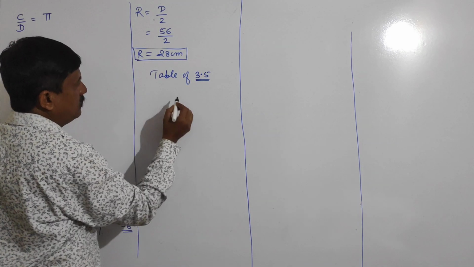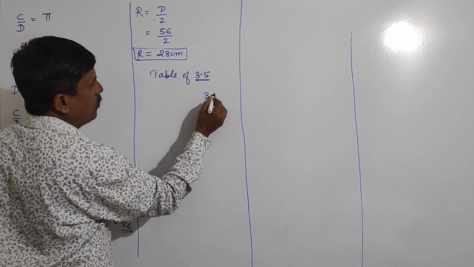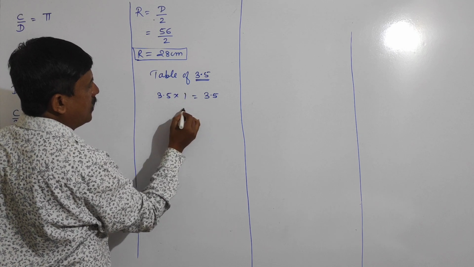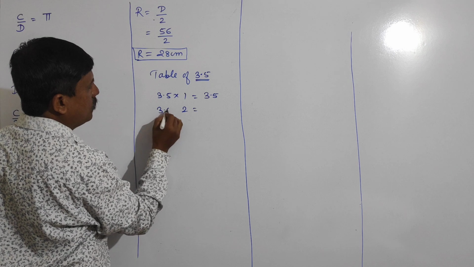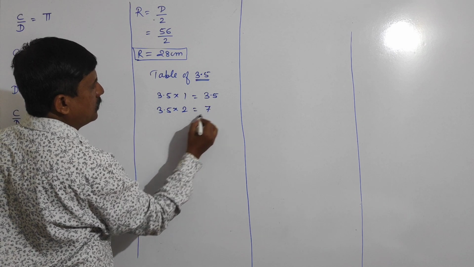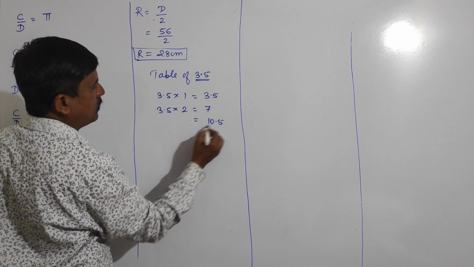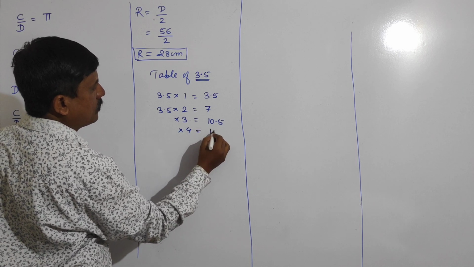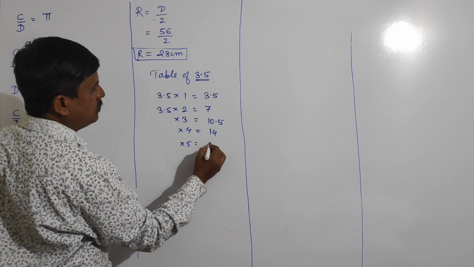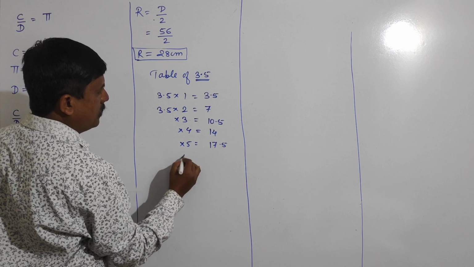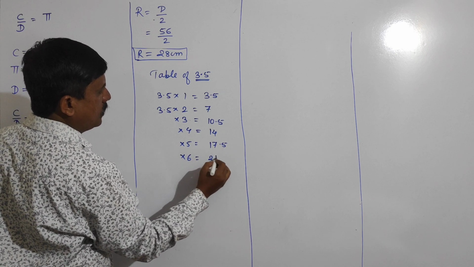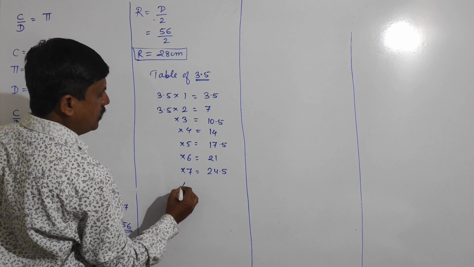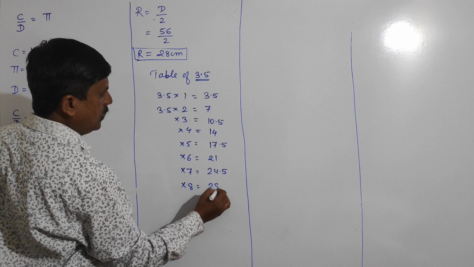Example, if I use the table, what is the answer? 3.5 into 1 is 3.5. 3.5 into 2 is 7. Here it will be 10.5. Here 3, 4, right? It will be 14. Multiplied by 5 is going to be 17.5. Multiplied by 6 it will be 21. Multiplied by 7 is equal to 24.5. Multiply 8 is equal to 28.